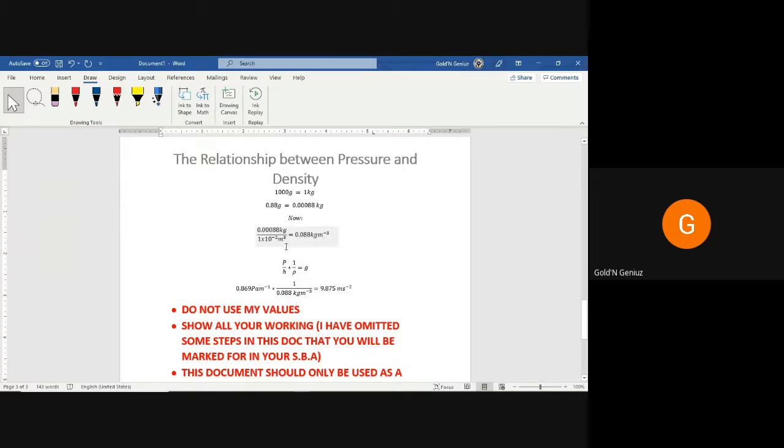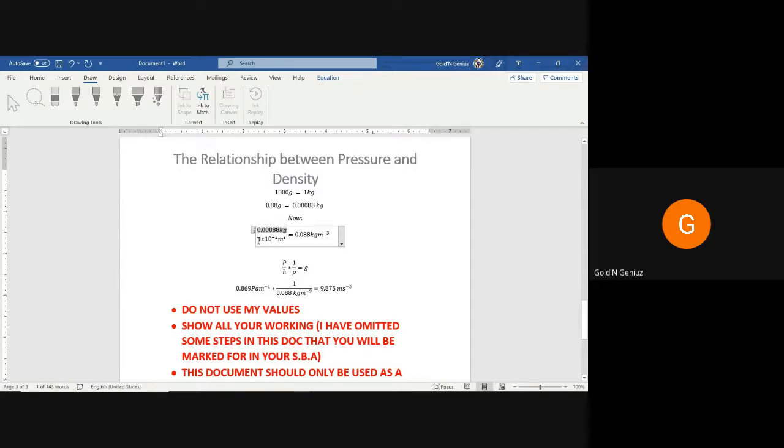And when I worked it out, I got 0.088. Got my gram in kilograms. And I put it over there.